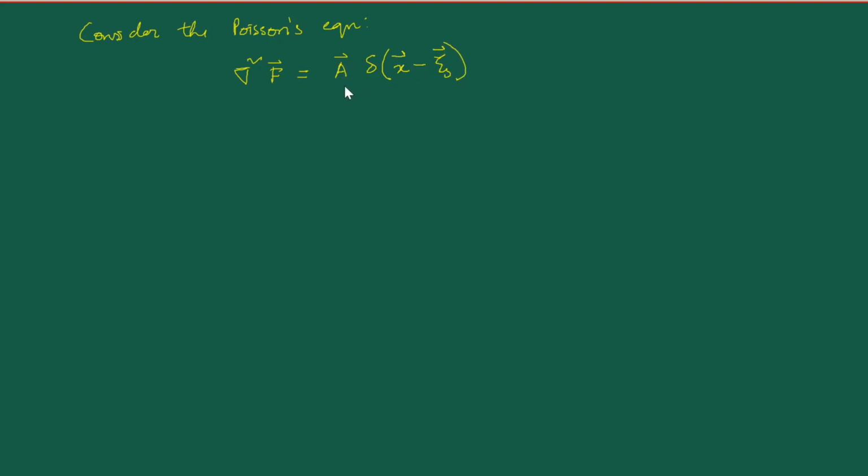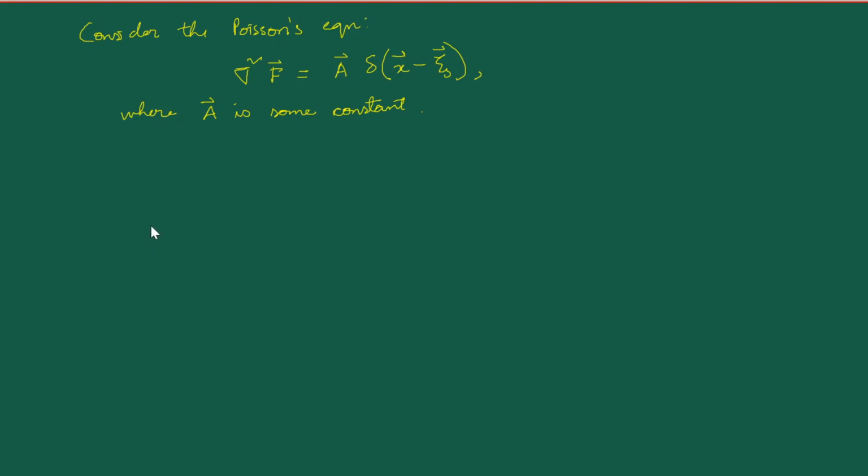Instead of the small f vector which was present in the general theory in the earlier page, we have made it to be like this, where this a vector is some constant. It has three components, but it's a constant vector. It's not dependent on x or anything.